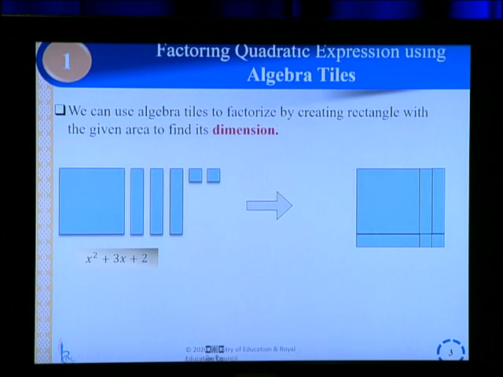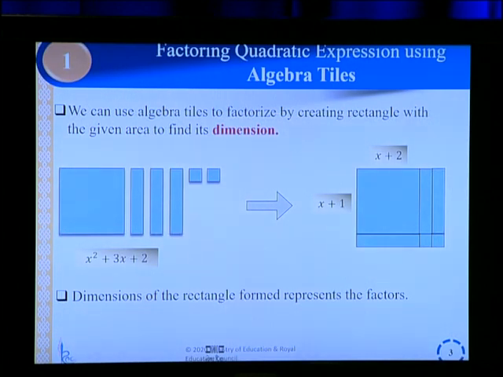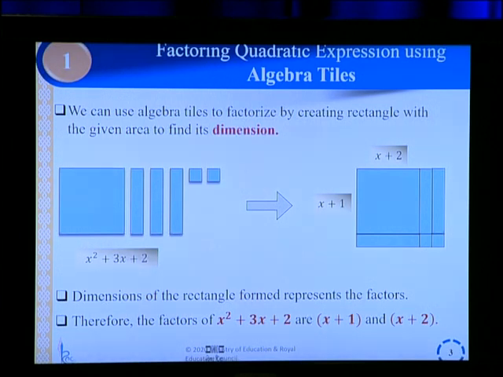So what do you think would be the dimensions of this rectangle? It would be x plus 1 and then x plus 2. So as the dimensions of the rectangle formed represent the factors, therefore the factors of our quadratic equation x square plus 3x plus 2 are x plus 1 and x plus 2.